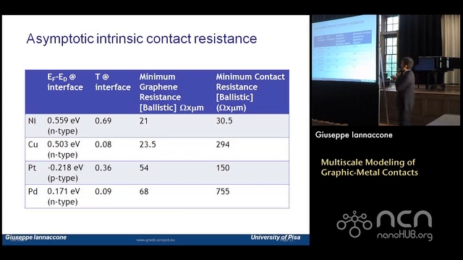These numbers are around a few hundred ohms, except for nickel, which is actually very interesting because it's 30 ohm per micron. That would be very good for transistor contact resistance.